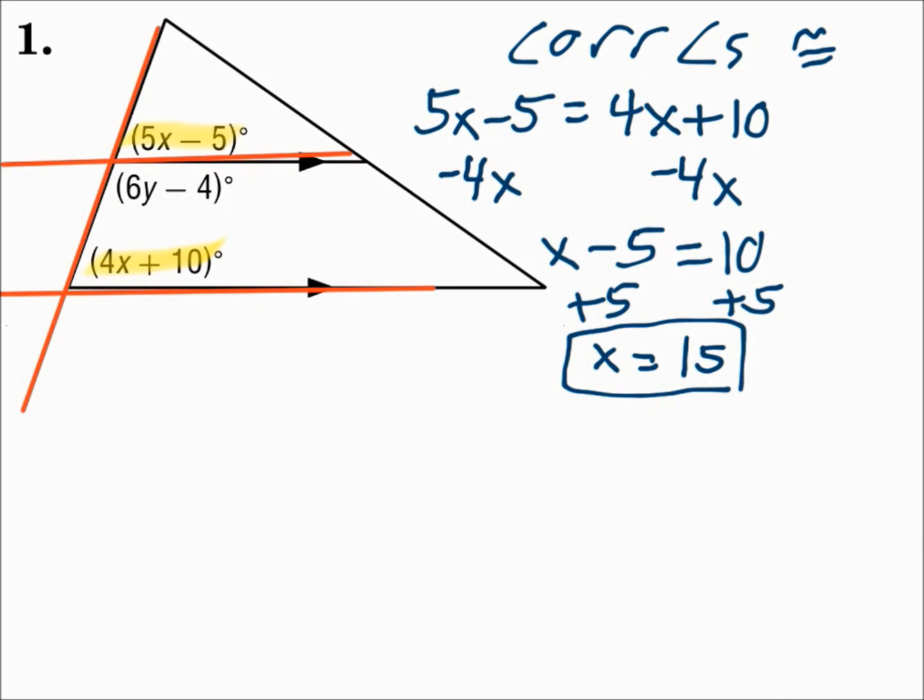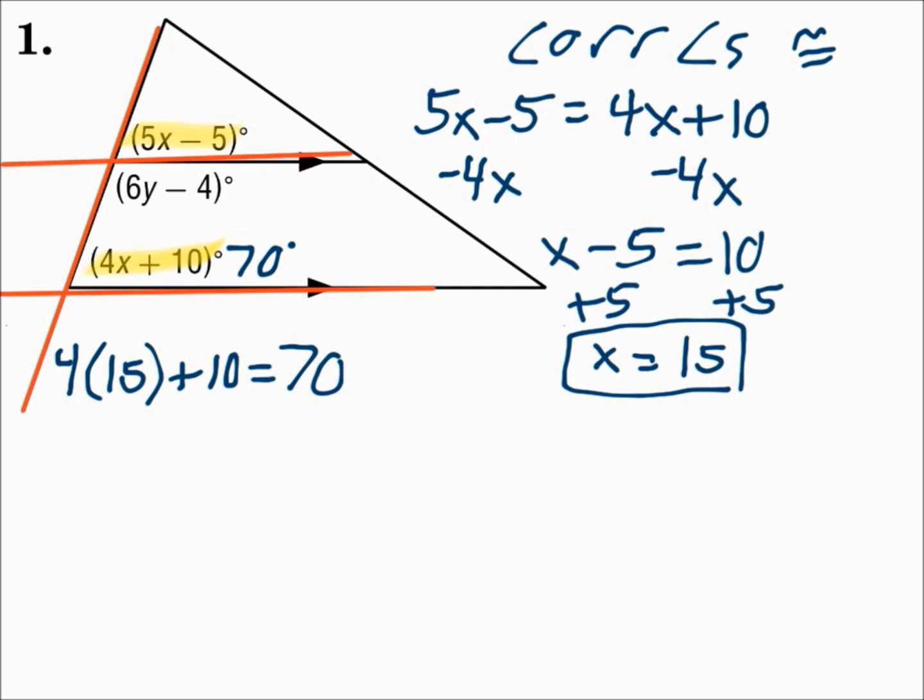Now for y. I have one angle with y in it. I don't want to pair it up with one of the x angles because I want only one variable per equation. So let's substitute 15 in for x and see what 4x plus 10 equals. 4 times 15 plus 10 is 70. So that's a 70-degree angle.